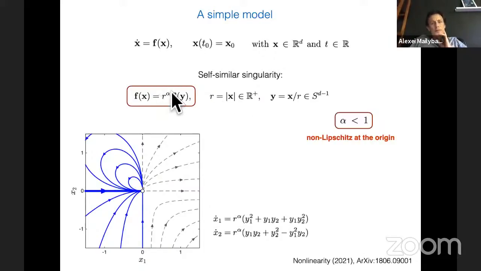In our previous example, we had r^(1/3), the modulus to the power one third. And then it will be multiplied by a function which is smooth, a smooth function of the direction of the vector, the vector divided by its norm. So it's a smooth function on a sphere. And whenever alpha is smaller than 1, it's non-Lipschitz at the origin.